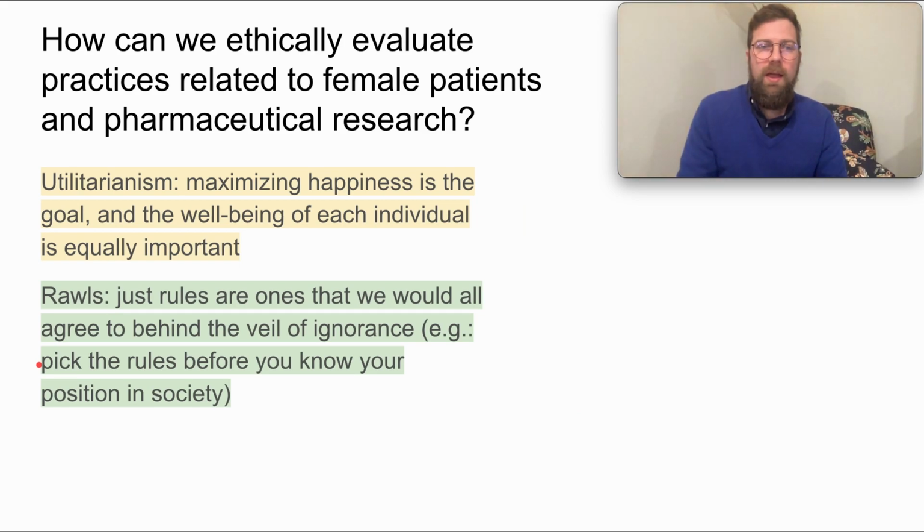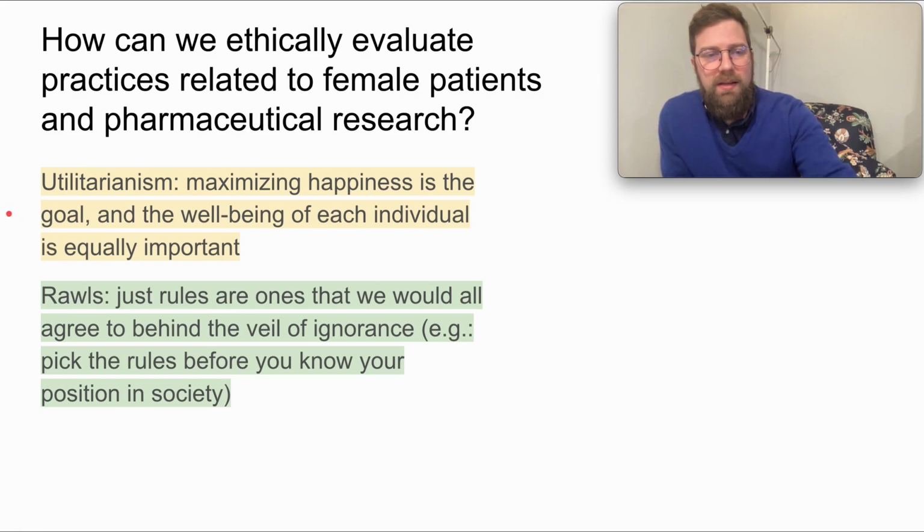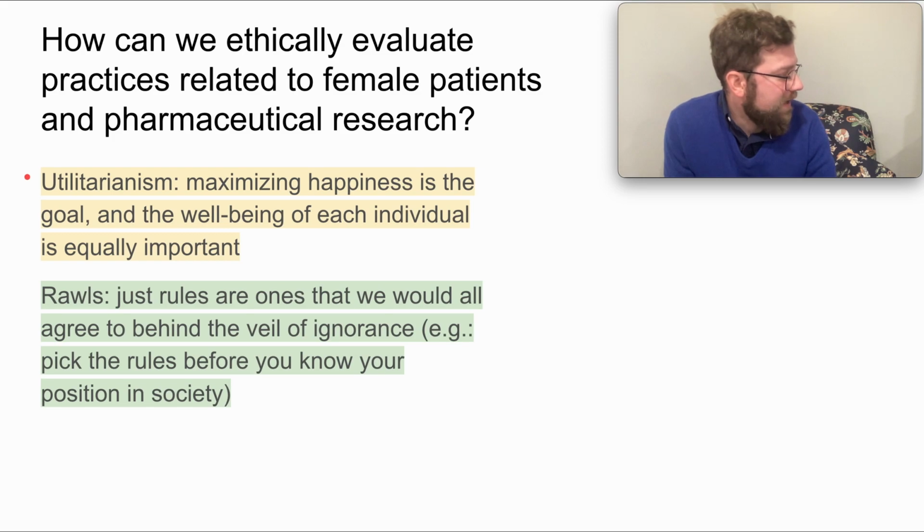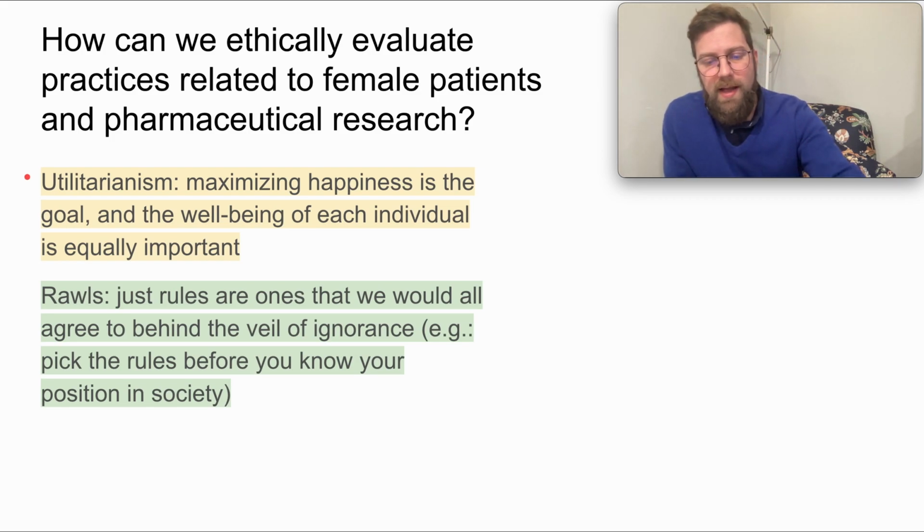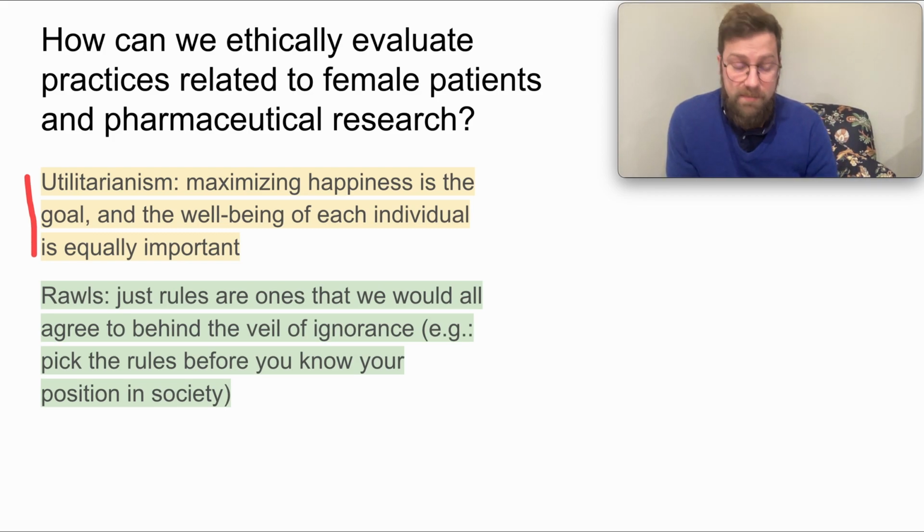So we can ask, how can we evaluate practices related to female patients and pharma research? One way that we could go is utilitarianism, right? The utilitarian will ask us to say, does the decision we're making lead to the greatest happiness for everybody affected in the long run? And if maximizing overall happiness is the goal, we might realize that by excluding women from research, we open them up to serious harms.